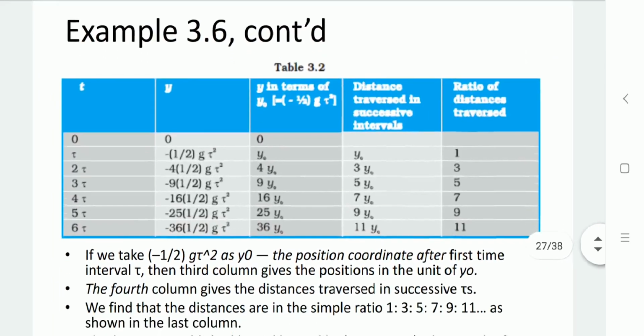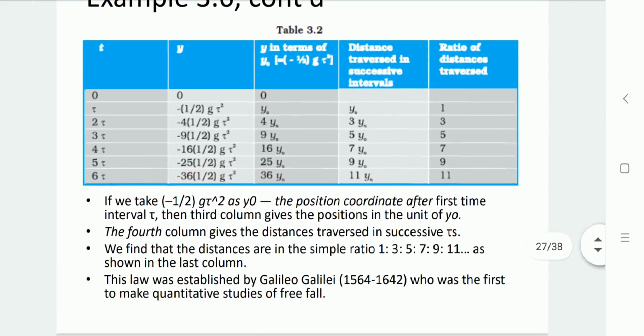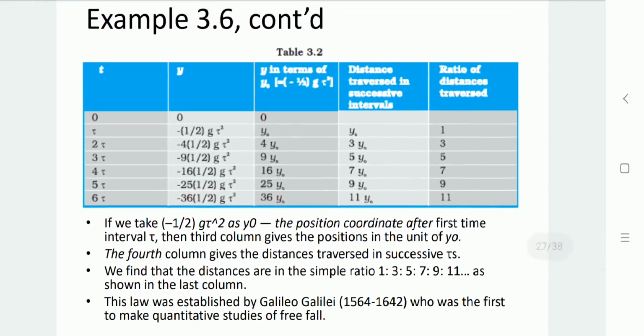Here in the table, it shows the values. Here we can say that if we take this equation minus 1/2 g tau square, in the y0 position, by placing t equal to 0, all the values we are having are 0.